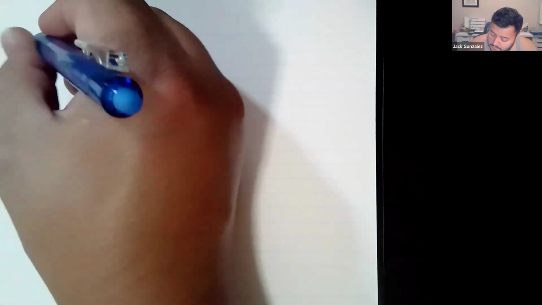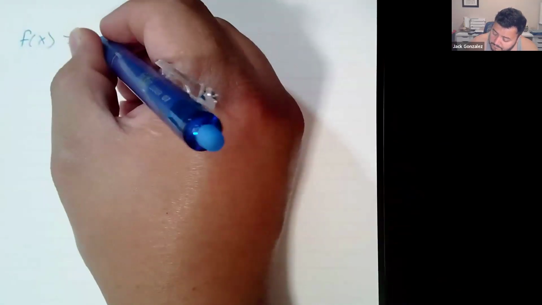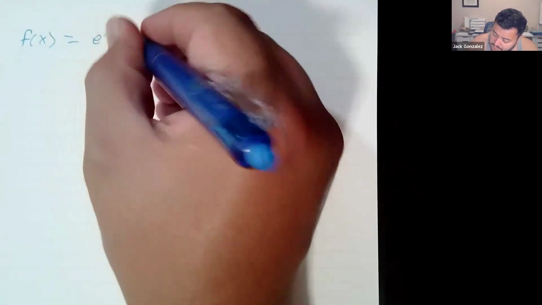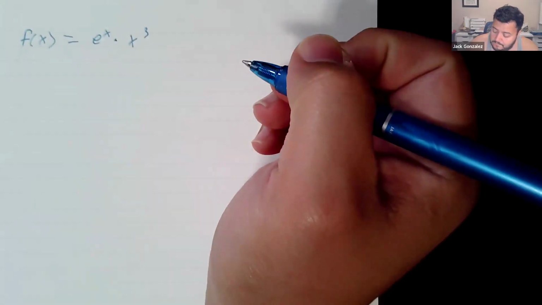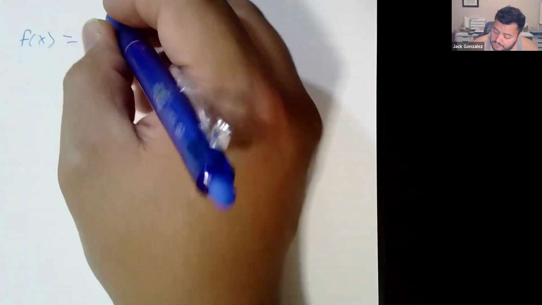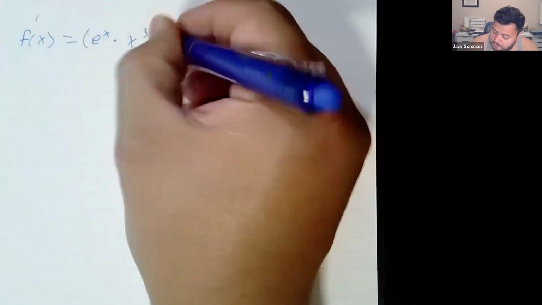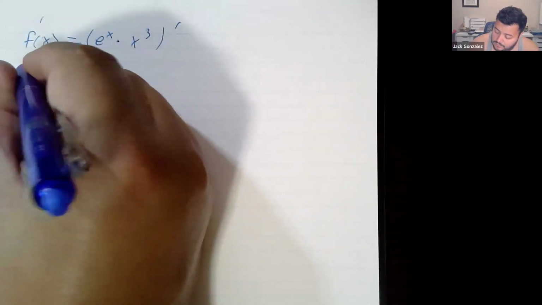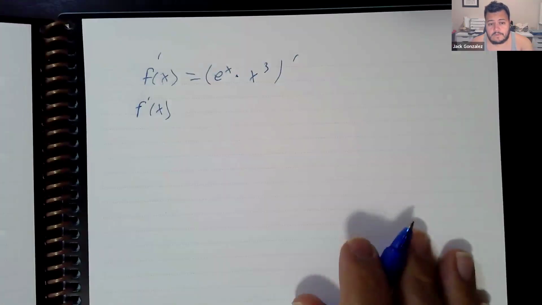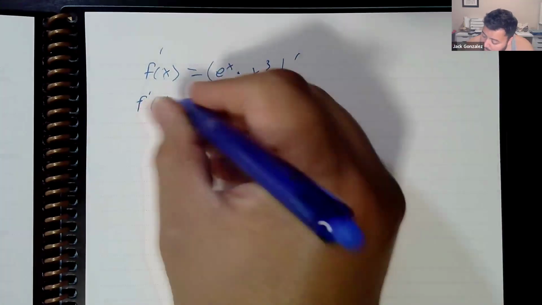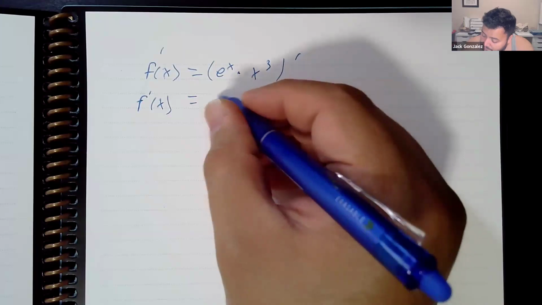Remember, if you have, for example, two pieces like e to the x times x cubed, and you do the derivative of the entire thing, you would have to do the derivative of the first part.